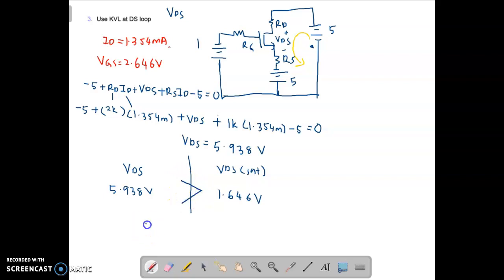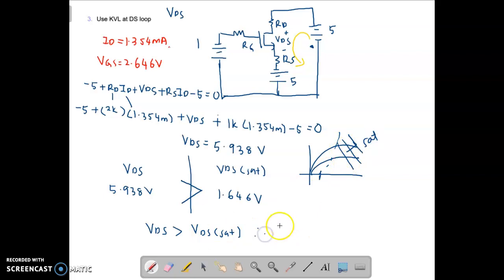Your VDS now is much larger than your VDS set. So is it confirmed in saturation? How do you know this is in saturation? This is your graph, right? This is your boundary point. It is much greater than VDS set, so this area we call saturation. So now, yes, it's correct. You need to write the word confirm: it is in saturation.